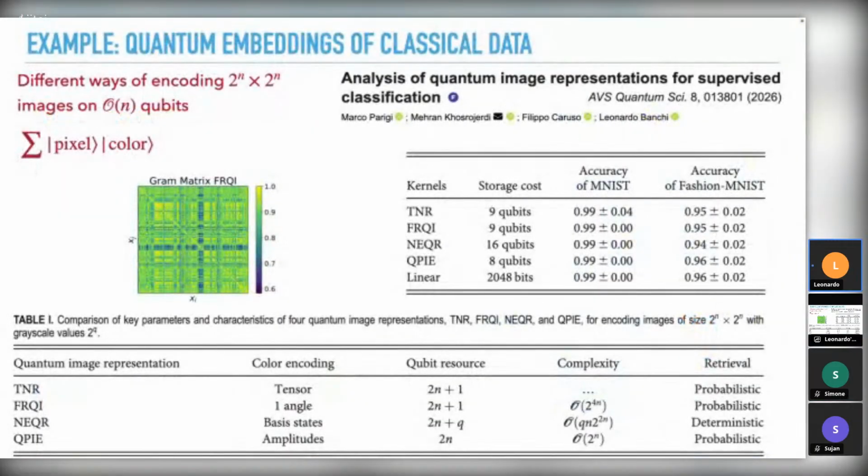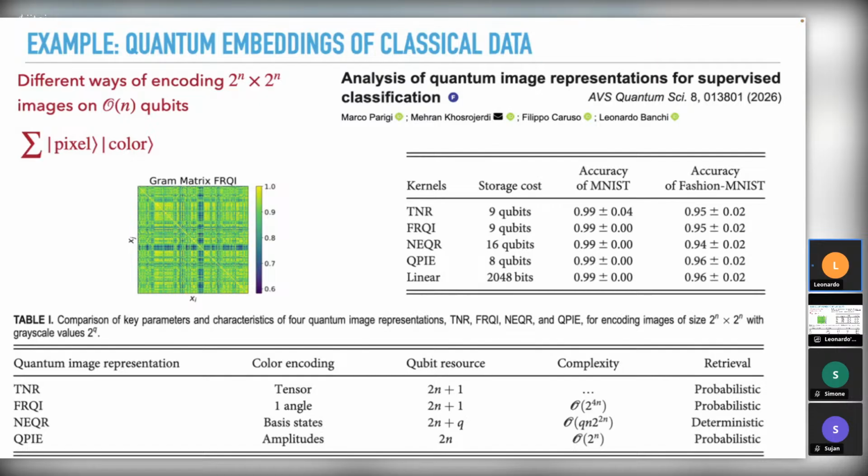And then in this recent paper, for instance, we tried to apply this idea to quantum image representations. So we tried different ways of encoding 2^n times 2^n matrices using n qubits. The mapping basically works like this. You are writing your image as a superposition between pixel position and color position. So you see that, for instance, this Gram matrix, the matrix of overlap, is pretty different from 0 also in the off-diagonal terms, which means high compression.